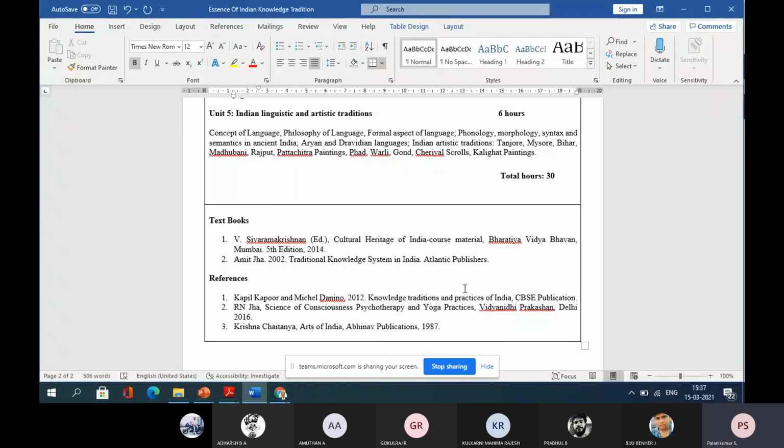Before going to the linguistic tradition, we are going to completely see what the artistic traditions of ancient India were, how they are connected to a particular region, and how culture and artistic things vary from region to region, and so on. That we are going to see.